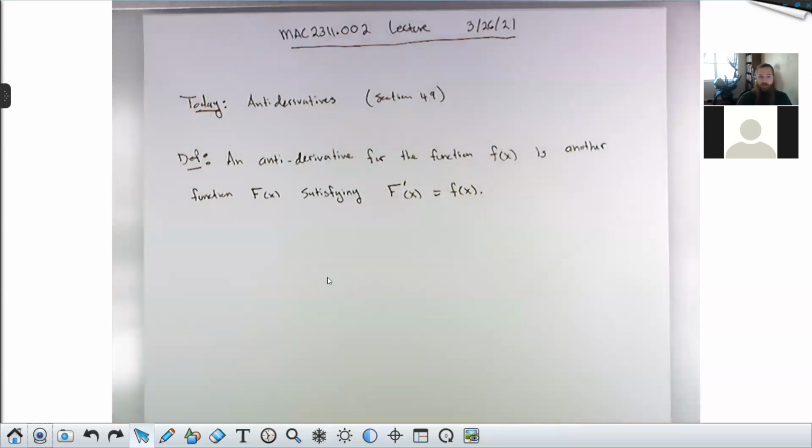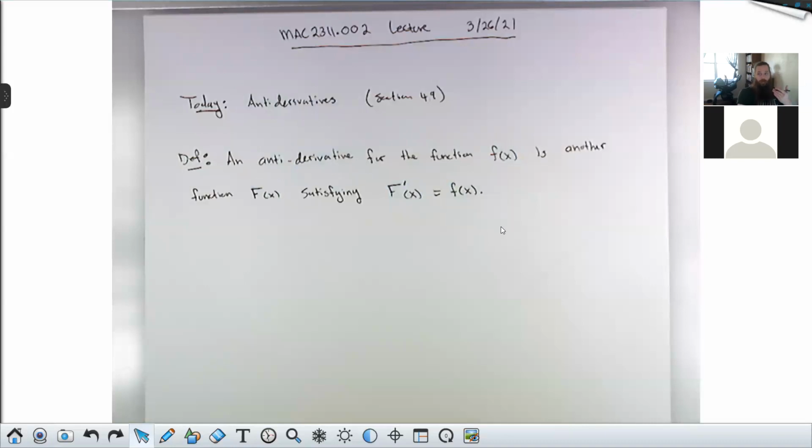So it is what it sounds like. I'm hyphenating antiderivative here just to help you see the etymology of it, right? It is the undoing of a derivative, but often it's given as one word with no hyphen. So the idea is, if I give you some function little f, can you find another function big F whose derivative is little f, right?